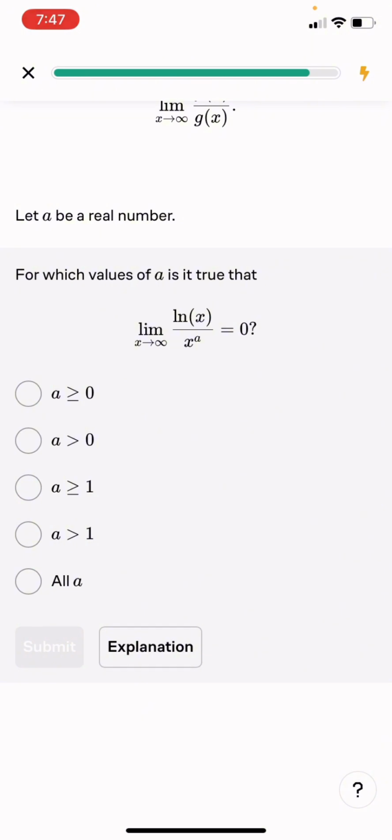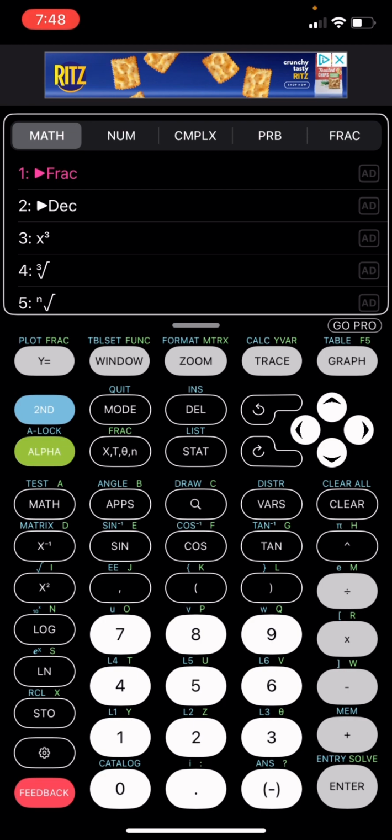If the limit as x goes to infinity equals 0, all a is greater or equal to 1, and greater or equal to x. Can the calculator help with any of that? I don't believe so.